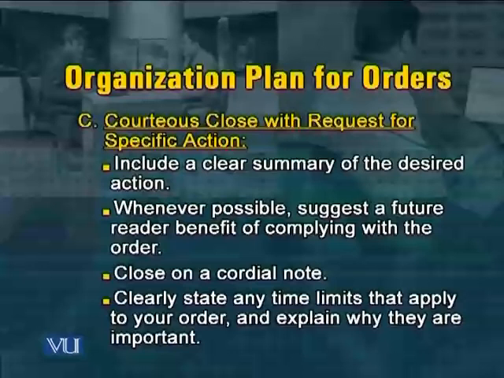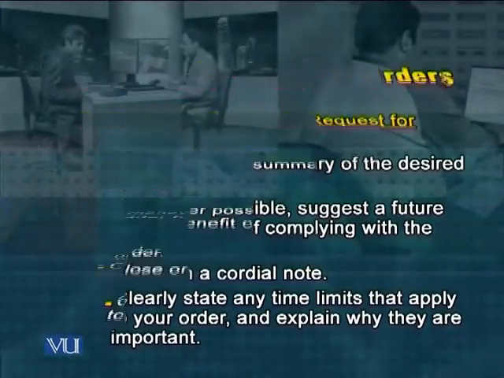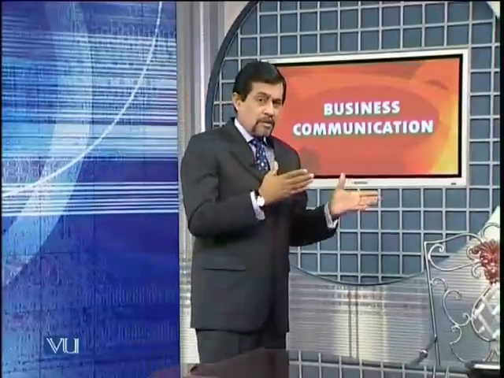Then we clearly state any time limit that applies to the order and explain why it is important. As I just said about why time is important, I cited the example of a person who has to have the product for some Eid sale.